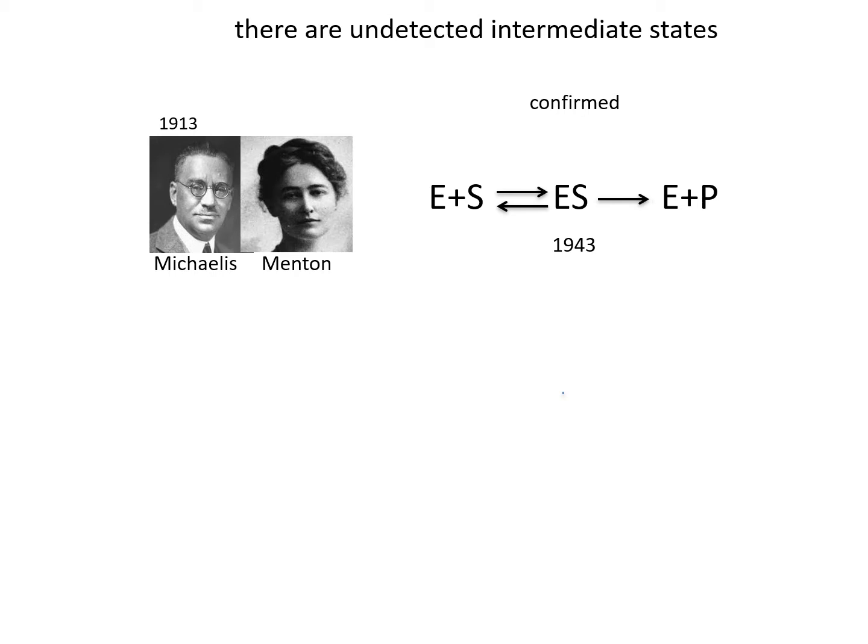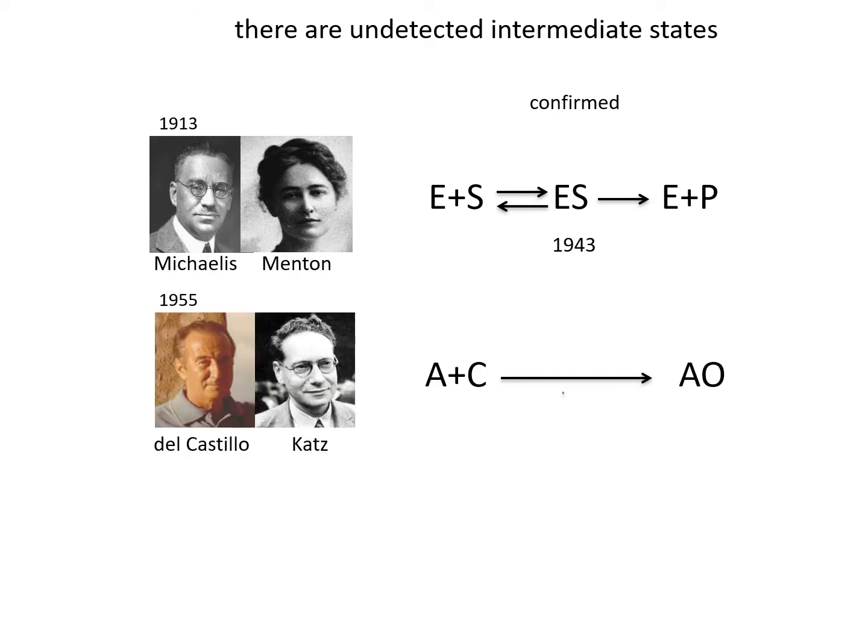By analogy, in pharmacology, in 1955, Del Castillo and Katz proposed an intermediate state in the activation of receptors, namely one where the agonist was bound but the channel was still inactive or closed. And that state was not detected directly until 1985 by Colquhoun and Sakmann, after Neher and Sakmann had invented the patch clamp.